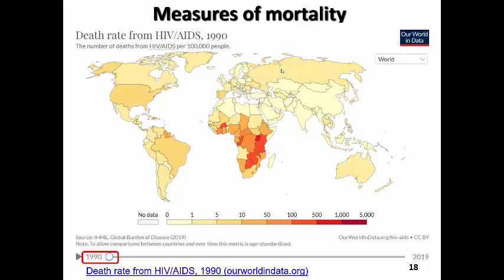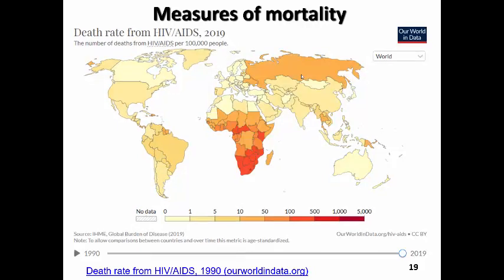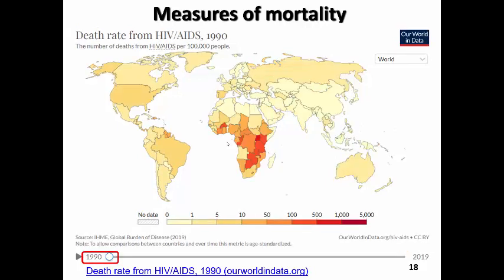We'll go back one slide, where we see this light shaded area for the Russian Federation, and now we see that the mortality rate due to HIV/AIDS is a higher value in 2019. Within the African continent, the mortality rate has increased in the southern African countries as compared to 1990.